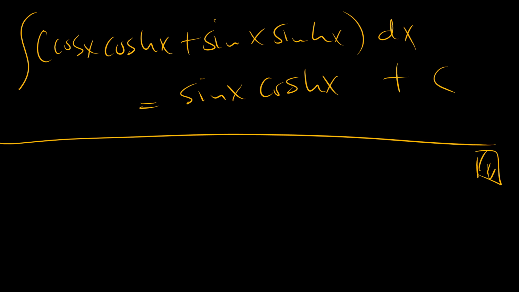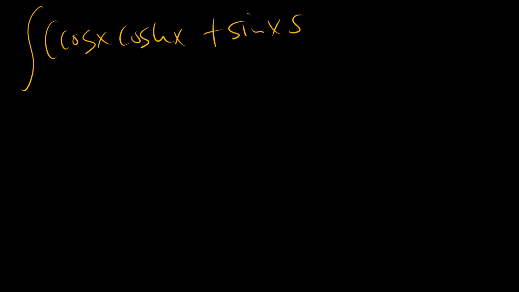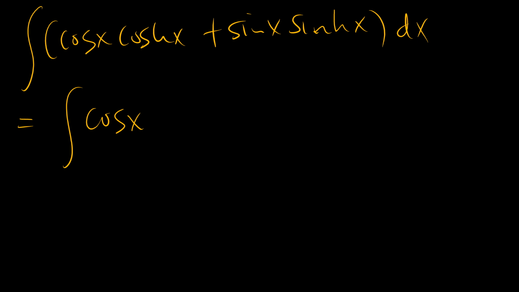Let's look at the simpler approach. We have cos x cosh x plus sine x sinh x, and what happens here is that this is cosine x times the derivative of sinh x.